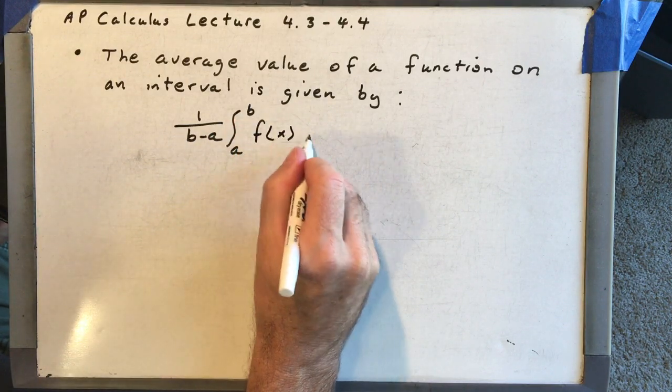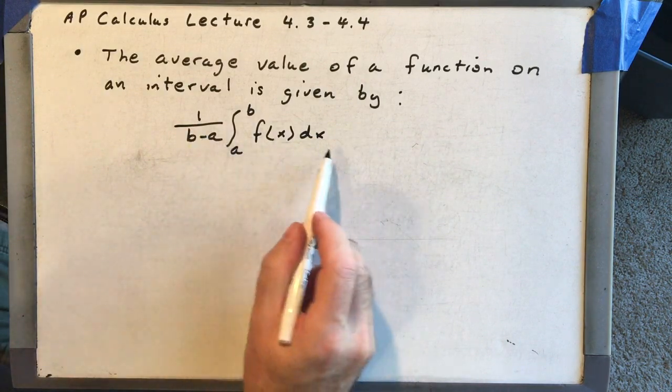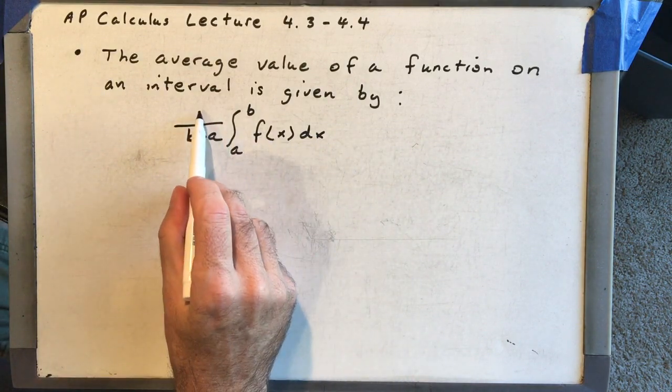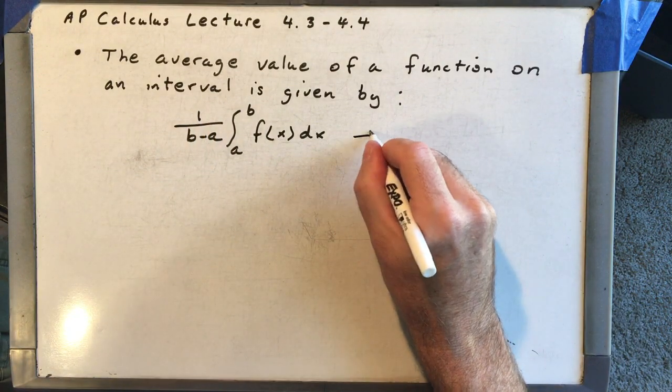So you do just what we did, except you have to multiply the whole answer when you get it by this fraction 1 over b minus a.